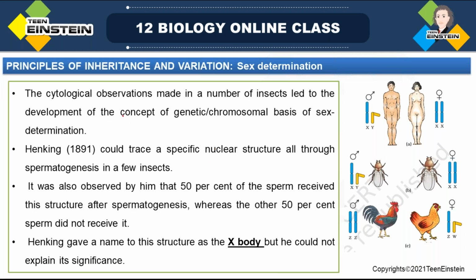In sex determination, the cytological observations made in a number of organisms, like a number of insects, led to the development of the concept of the genetic or chromosomal basis of sex determination.